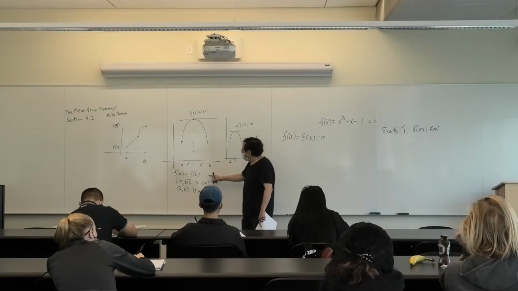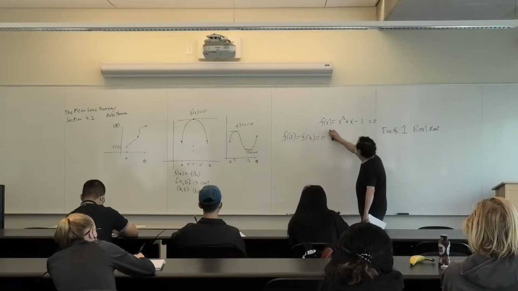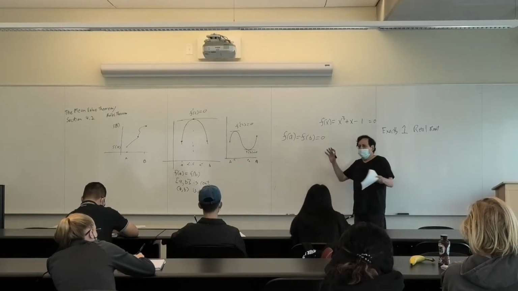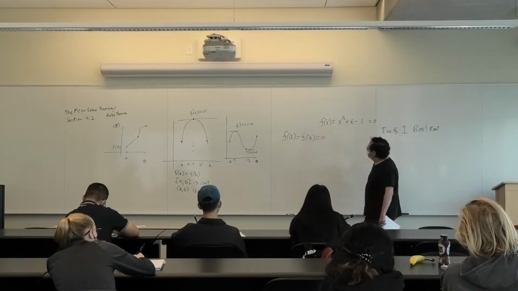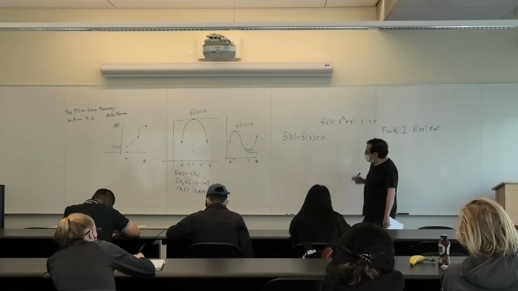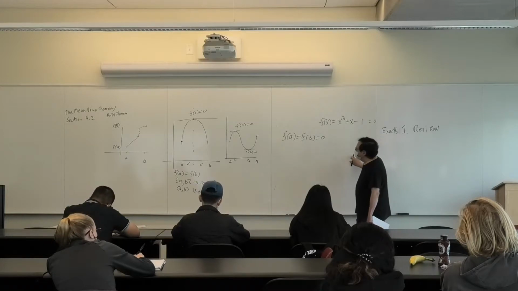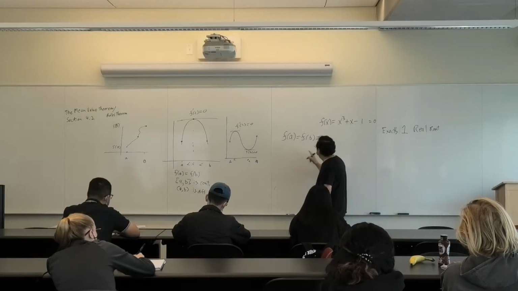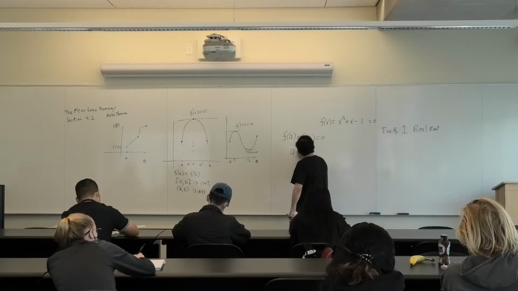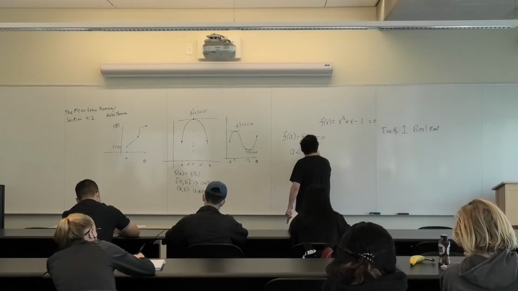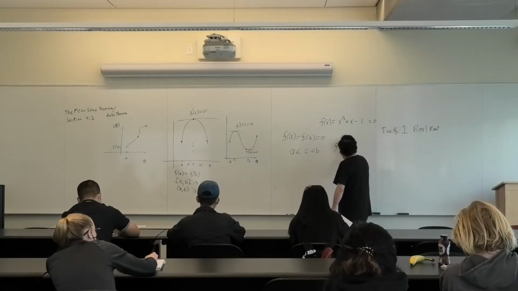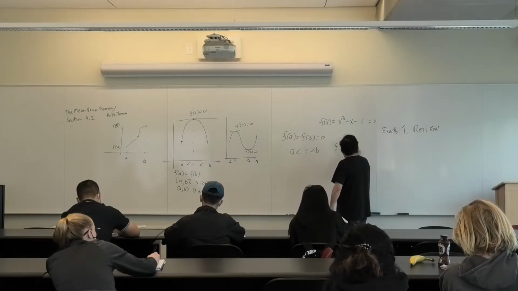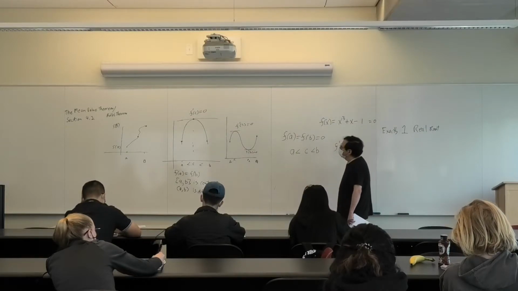Sounds like a condition of Rolle's theorem. It's a polynomial, so we know it's continuous everywhere, and it's differentiable everywhere. So far, we can apply Rolle's theorem. Rolle's theorem says between A and B, there's a C such that f prime of C is going to be equal to 0.